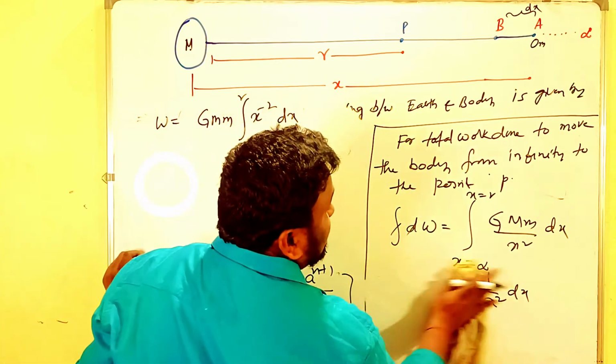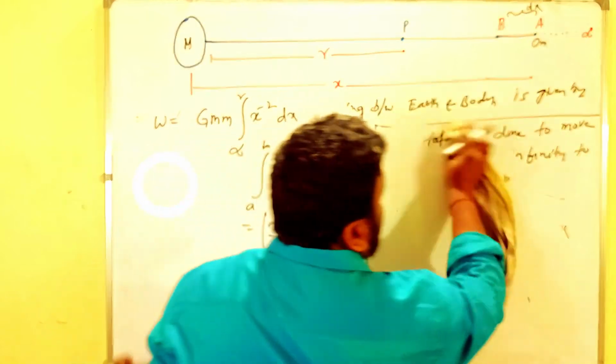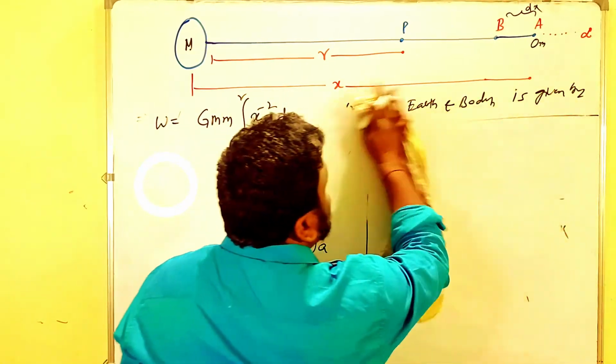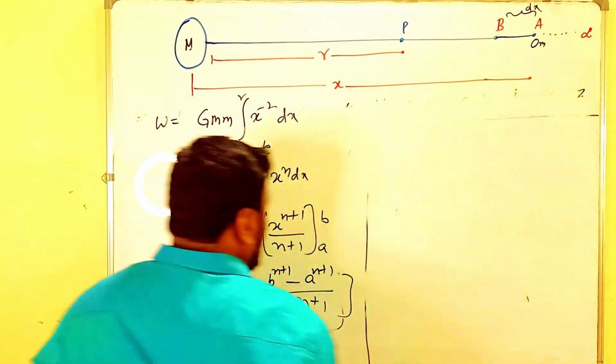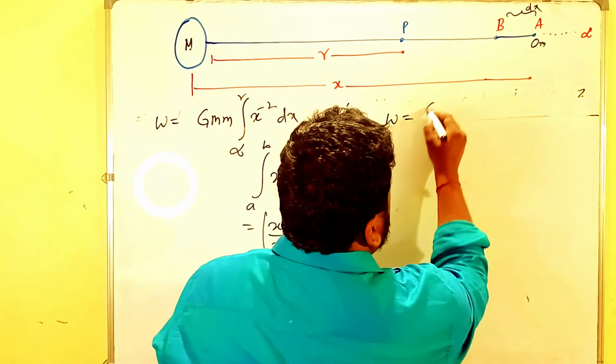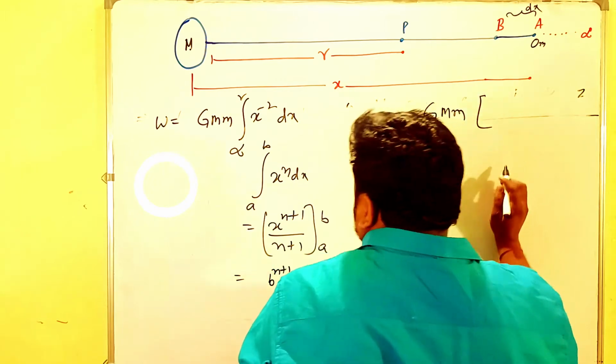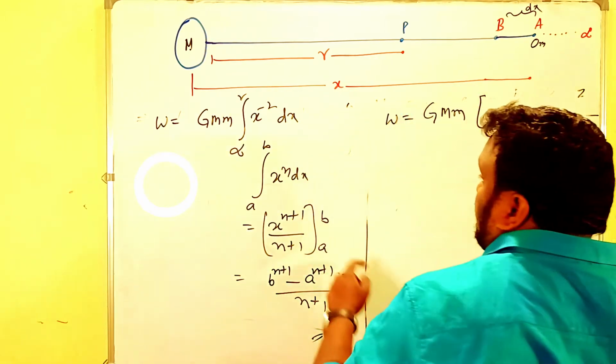Now we have to apply the same formula for that equation. Then obviously we will get the total work done. Children, we need some space, that's why I am arranging this. Then W is equal to G M, and x to the power of n plus 1 by n plus 1.